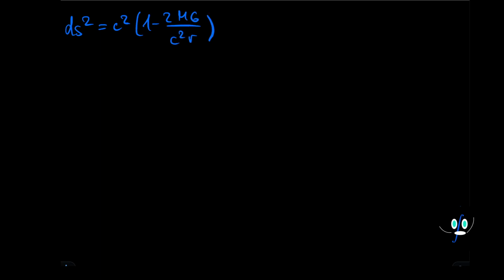Here m is the mass of the black hole, G is the gravitational constant, c is the speed of light, and r is the distance from the singularity to wherever in space, times dt squared. Then we have minus the whole thing, 2mG divided by c squared r, now inverted, dr squared.